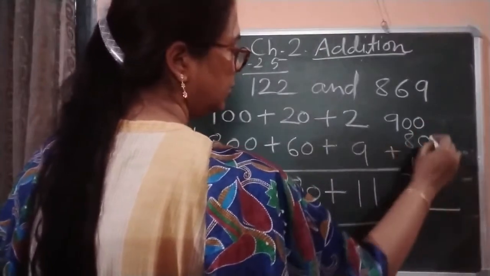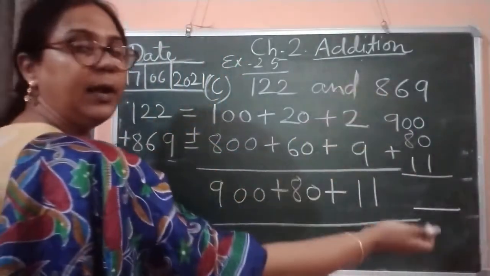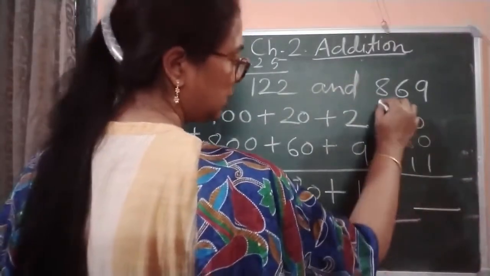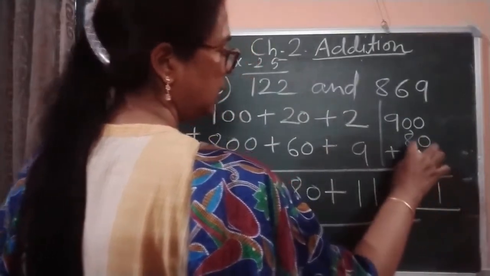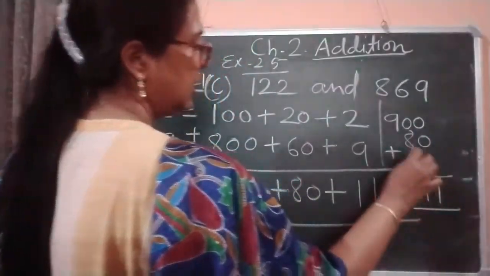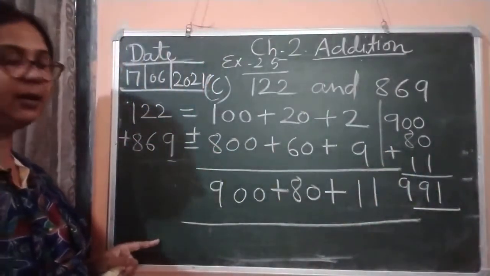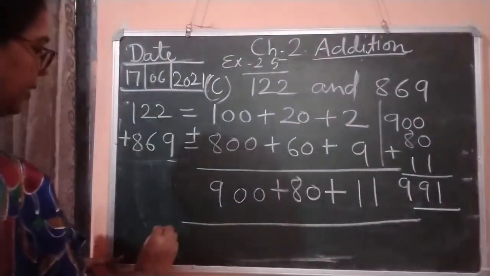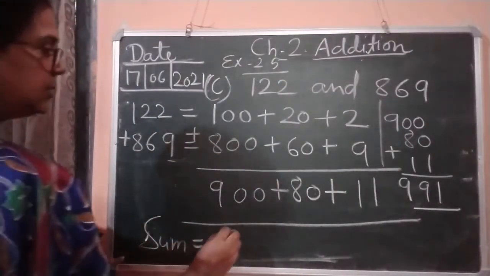You can do it like this also, or you can do this work in rough. 0 plus 1 is 1, 8 and 1 is 9, and now here 9. So the answer is 991.